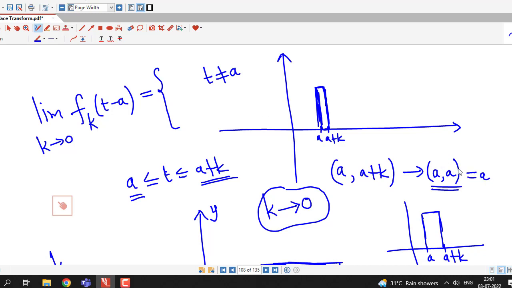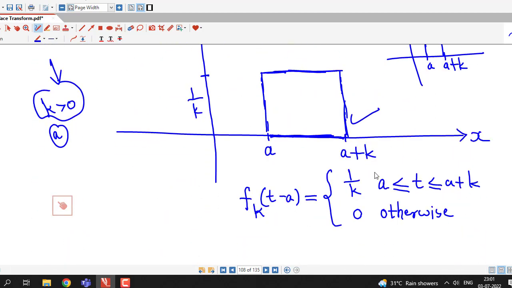At point a value of function will tend to infinity, because we are taking k tending to 0 and our function in this interval is 1 by k. So if I consider limit as k tending to 0, I will have 1 by k that becomes infinity.